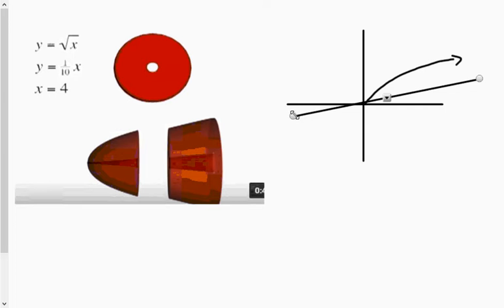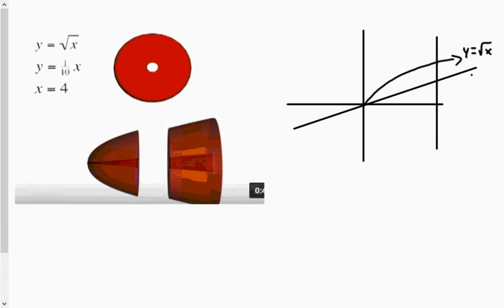I'm going to make it a little steeper here just for illustrative purposes. And then let's say x equals 4 is right here. So this is the graph y equals the square root of x. This is y equals 1/10 x. And this is x equals 4.